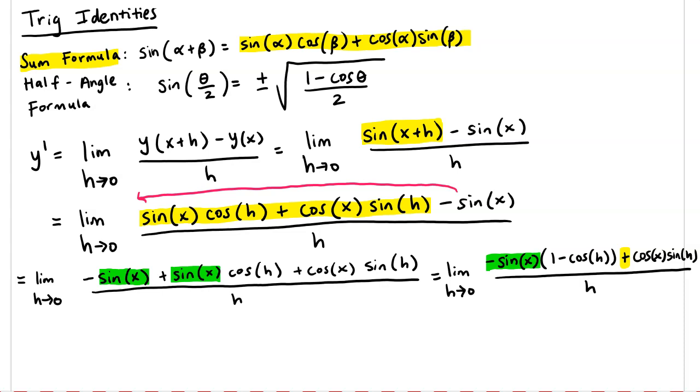We can think about it like a constant in the eyes of the limit, because the limit has its variable being h.